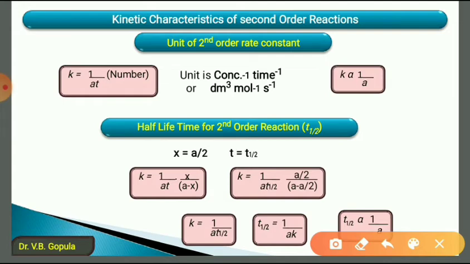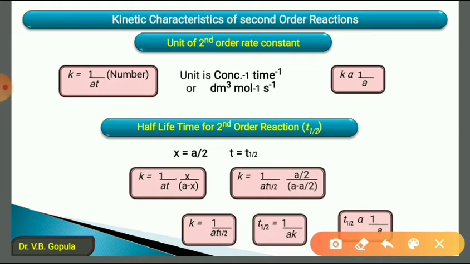For half lifetime we have to know what a half time is. We already know that the half time is the time required to reduce to half of its original amount.